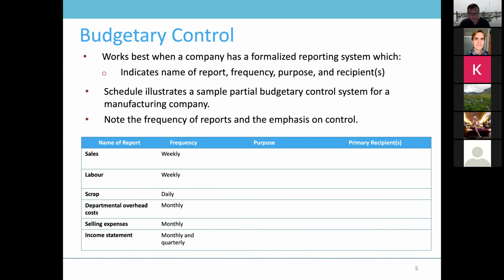So we are trying to include all this key information: name of report, frequency, purpose, and the recipient, okay? So I'm going to use this sample on the table to illustrate this system for a manufacturing company, okay?